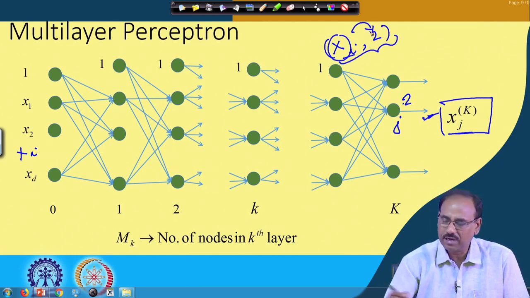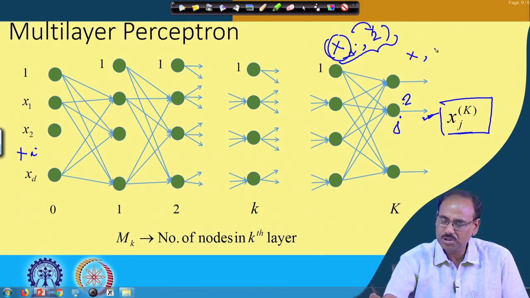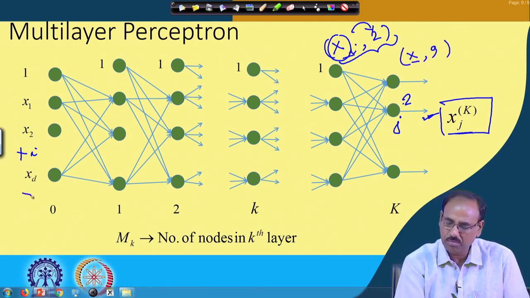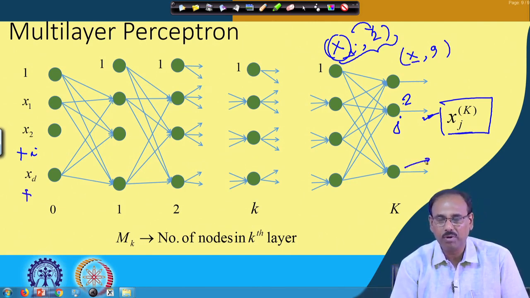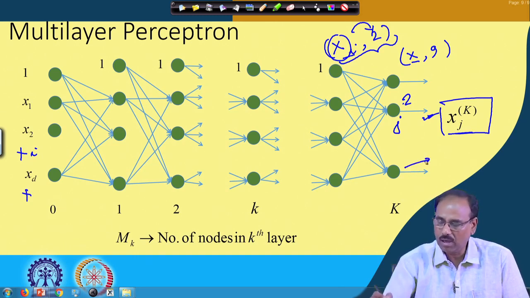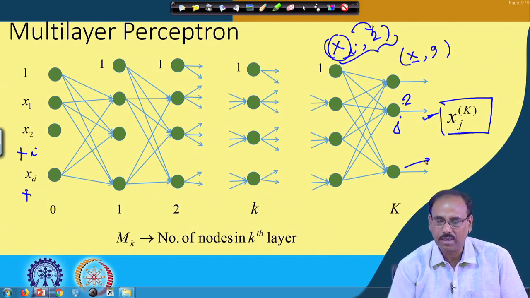Similarly, if a training vector x belongs to class 9, then when I feed it to the input, only the output of the 9th node in the output layer should be high and all other outputs should be low. I can decide this only at the output layer.